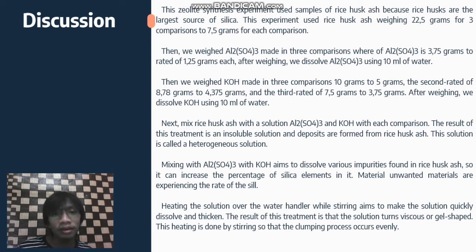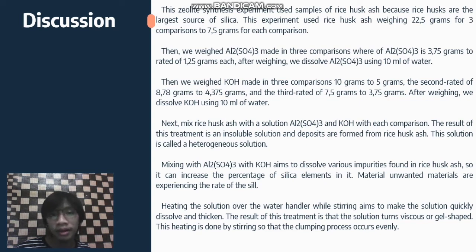Then we weighed KOH made in comparison 10 grams to 5 gram, and the second rate of 8.75 grams to 4.375 gram, and the third rate of 7.5 grams to 3.75 gram.